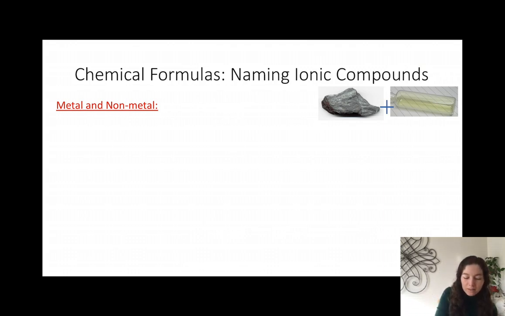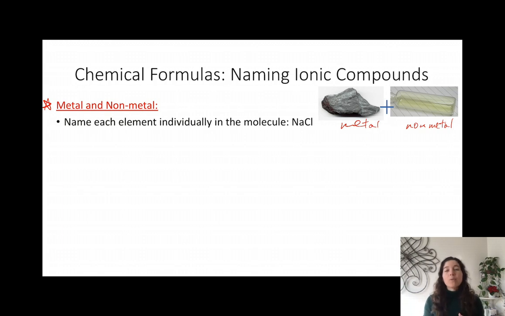So let's look at how we name ionic compounds. Remember, this is a metal and a nonmetal mixed together, say like chlorine. This is chlorine gas here, contained in a glass container. What we want to do is name each element individually in the chemical formula. Here, NaCl.